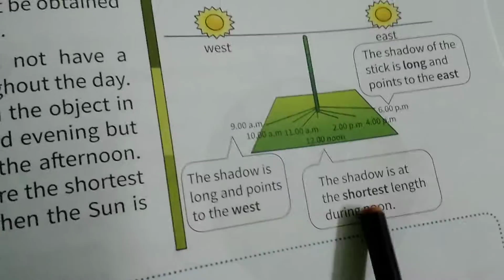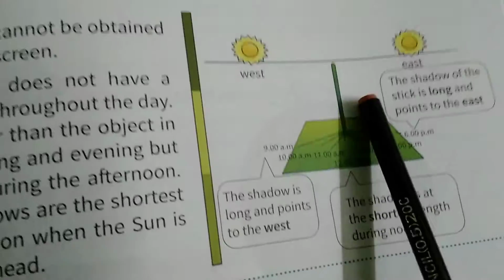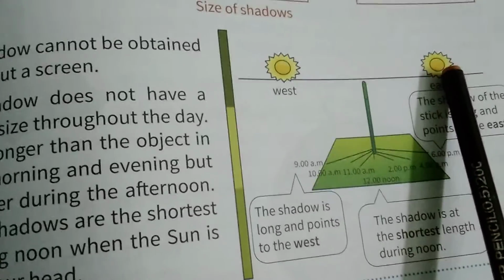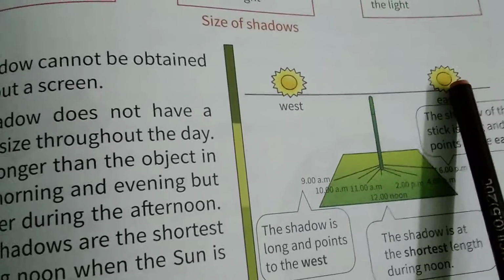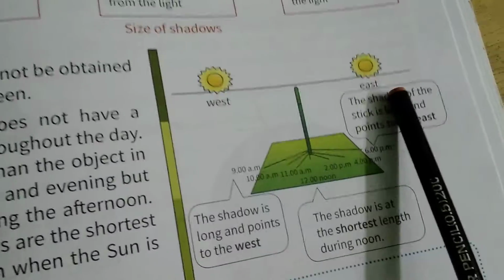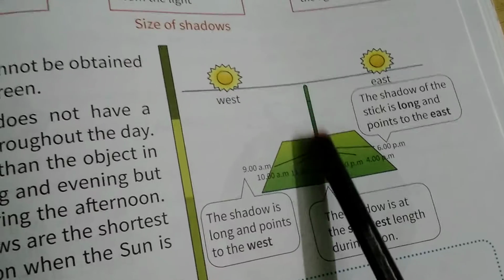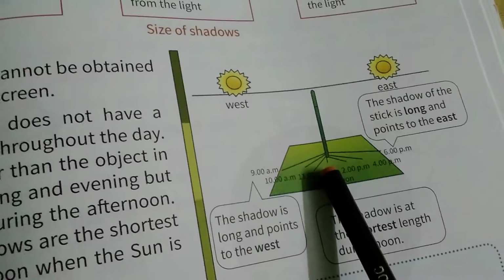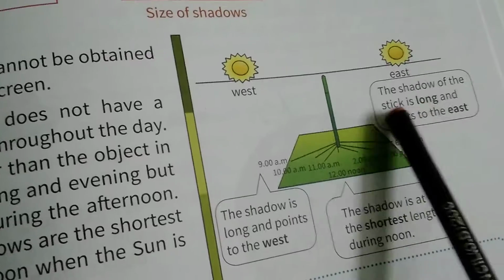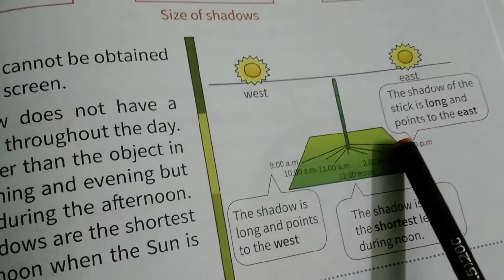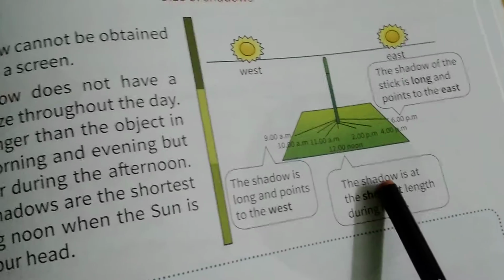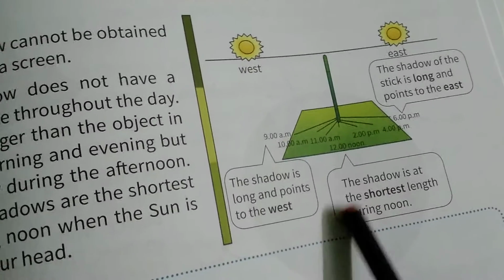Here in this picture, you can see the sun. You know that the sun always rises in the east and sets in the west. Here it is a rod. When the sun rises in the east, the shadow of the stick is long and it points to the east, and the shadow is at its shortest length during noon.